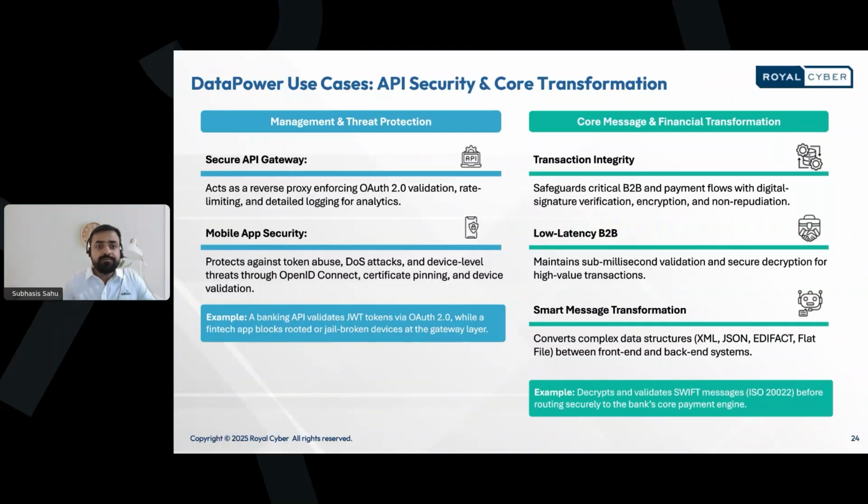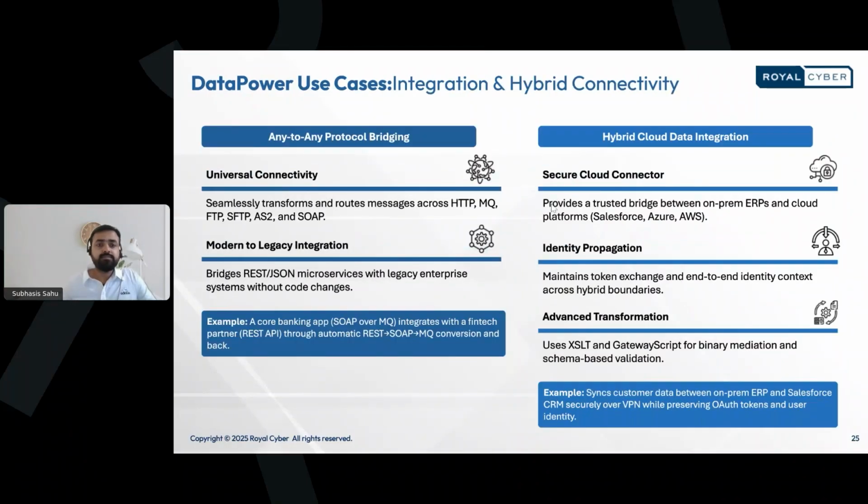Moving on. DataPower use cases in integration and hybrid connectivity. One more strength of DataPower is its integration. It vouches for the fact that DataPower can bridge any-to-any protocol or any-to-any message transformation. This is DataPower's heritage and enduring strength, that it seamlessly transforms and routes traffic virtually from any protocol to any protocol.